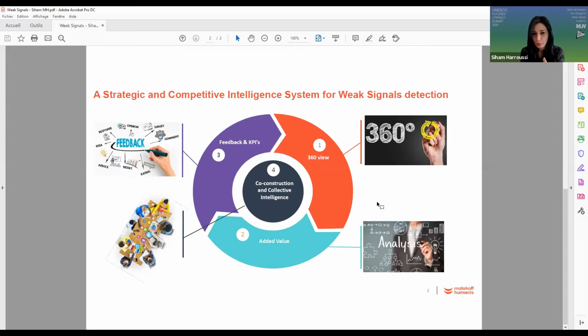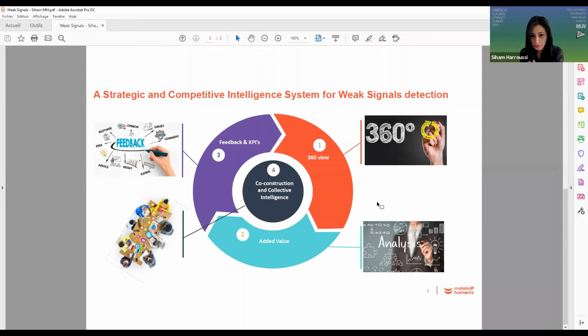And then we have also a KPIs culture. It means that we are seeking feedback from internal users of the monitoring system, to know what kind of decisions have been made or what kind of actions have been taken based on our analysis.